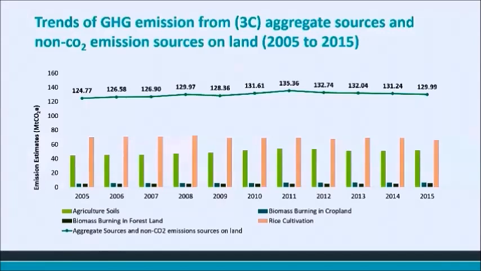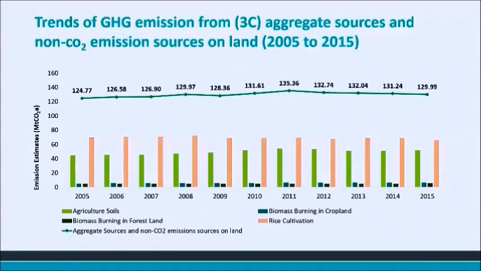So in the trends that are again coming out, the dominant story here is stagnant emissions, and a flat curve. The main contributor being rice, and the other contributor being agriculture soils, primarily from fertilizer use. Those are the emissions that get captured from the category termed agricultural soils.